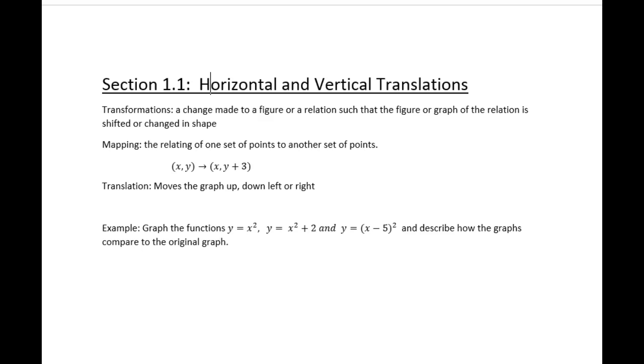This is now 4 plus 2, so our new point is 6. This is now 1 plus 2 is 3, 0 plus 2 is 2, 1 plus 2 is 3, and 2 squared is 4 plus 2, so we'd be at 6 there.